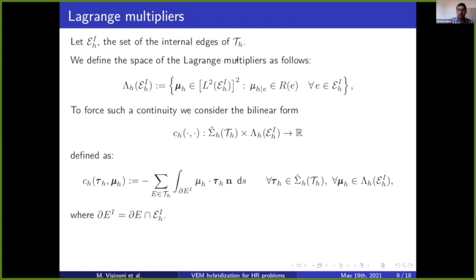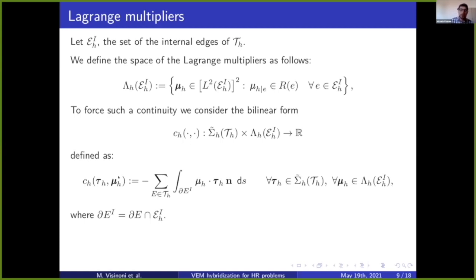Our choice is the following: we use the same space as for the stress, and this is very important. And in order to enforce such continuity, we also needed to introduce a discrete bilinear form.